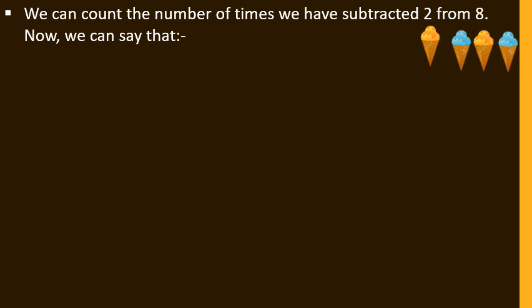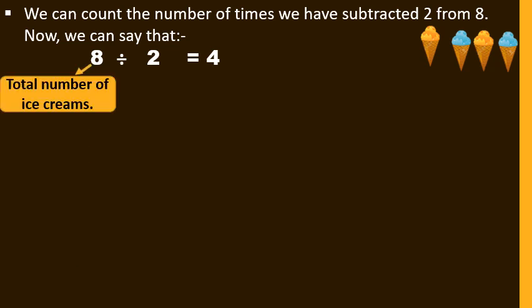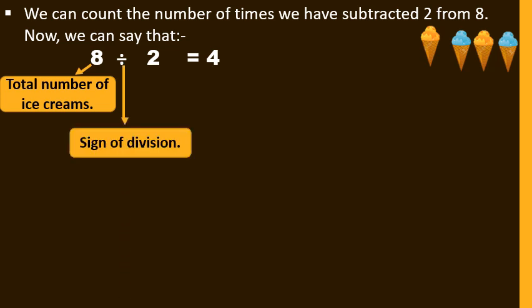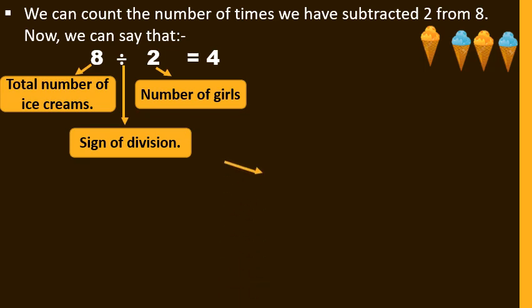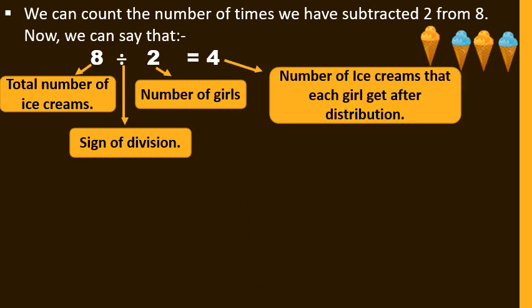Now we can say that 8 divided by 2 equals 4, where 8 denotes the total number of ice creams. And this is the sign of division. 2 is the number of girls, okay? And 4 denotes the number of ice creams that each girl gets after distribution.